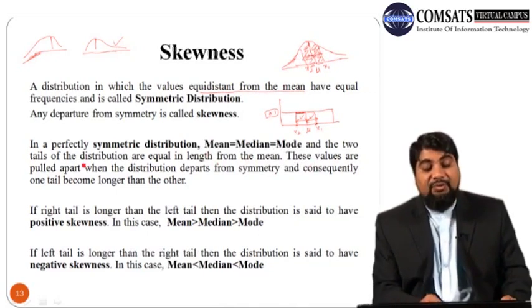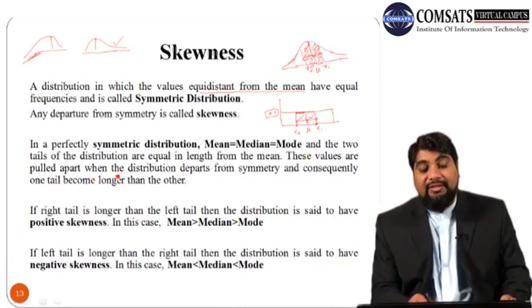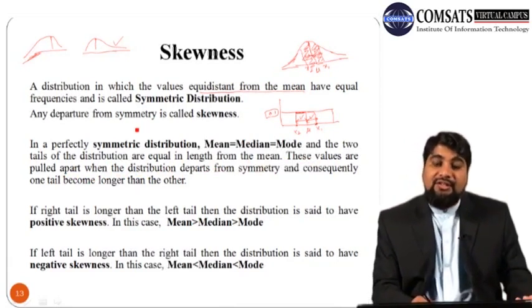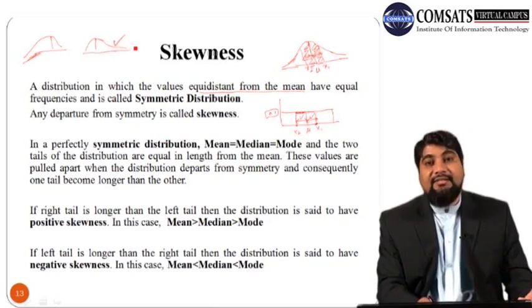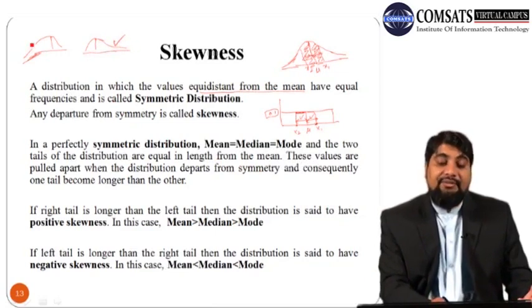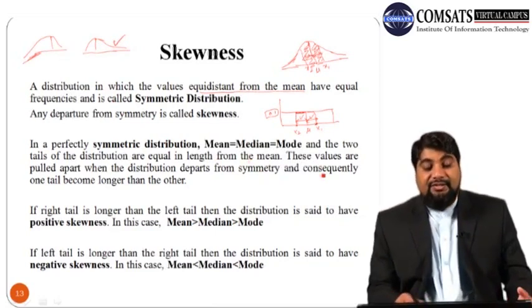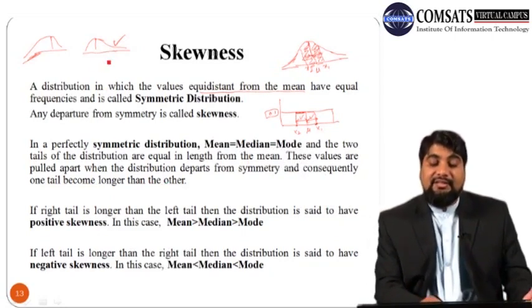These values are pulled apart when the distribution departs from symmetry. So if the distribution is not symmetric, as in this case, you can see that the right tail is longer than the left tail, or the left tail can be longer than the right tail, and consequently one tail becomes longer than the other.